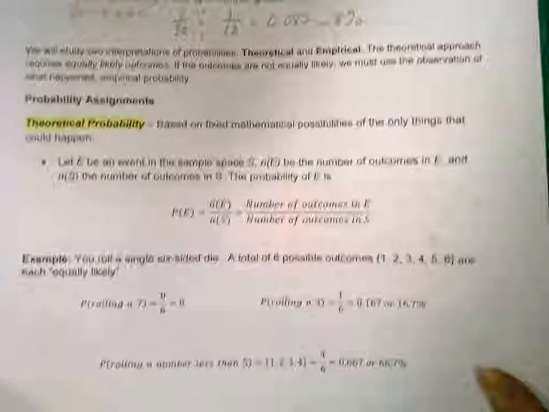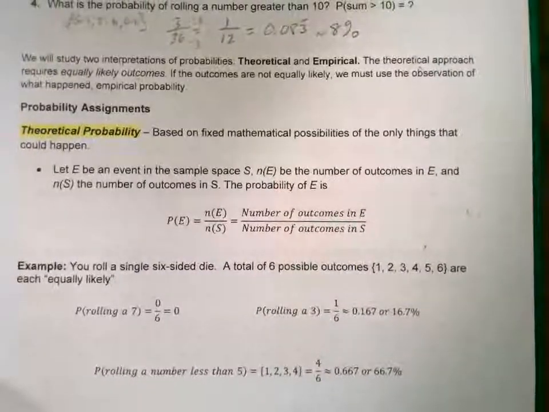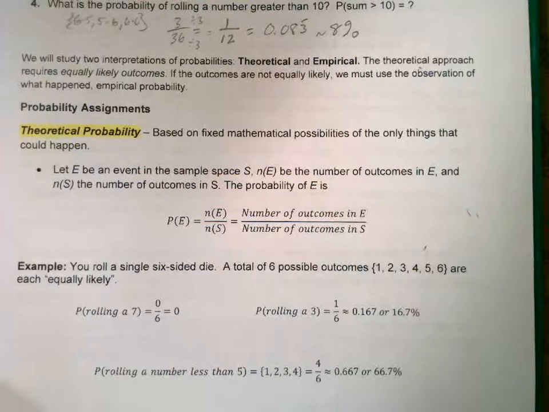All right. Underneath of that, we will study 2 interpretations of probabilities, theoretical and empirical. The theoretical approach requires equally likely outcomes. If the outcomes are not equally likely, we must use the observation of what happened for empirical probability. So let's look at examples of that.